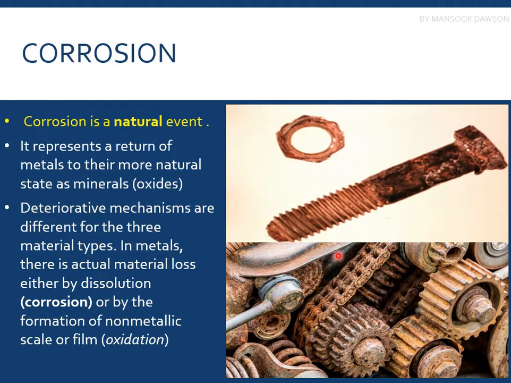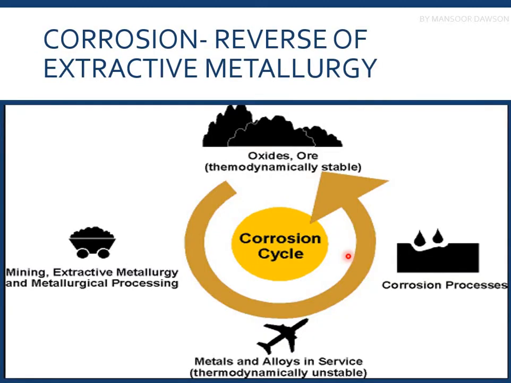So in corrosion, the metal or the alloy tries to return back to its original natural form in which it existed, in terms of ore or in the state of minerals. So basically it is the reverse of the extractive metallurgical process.